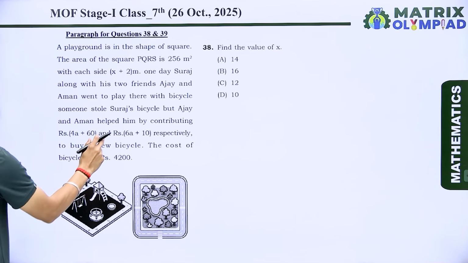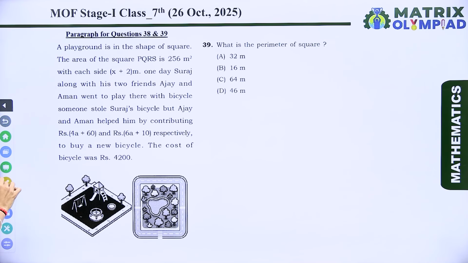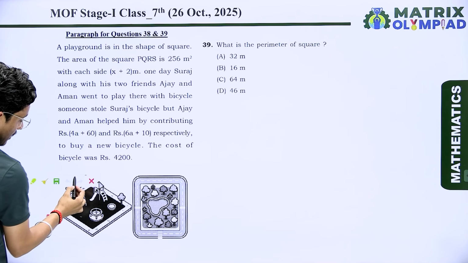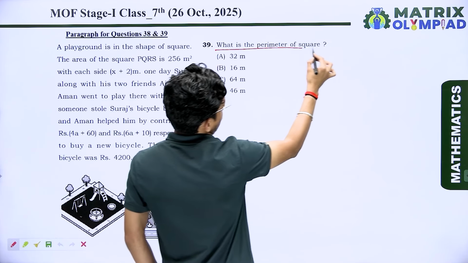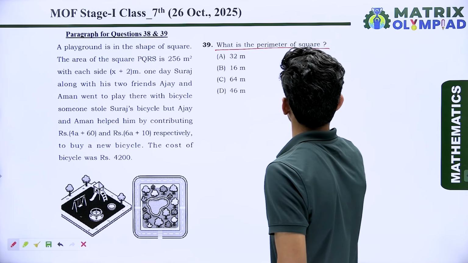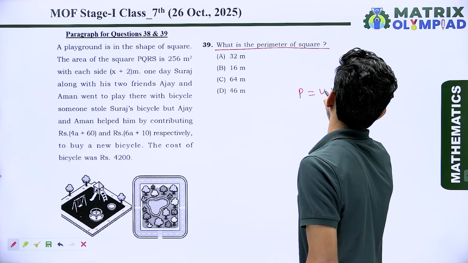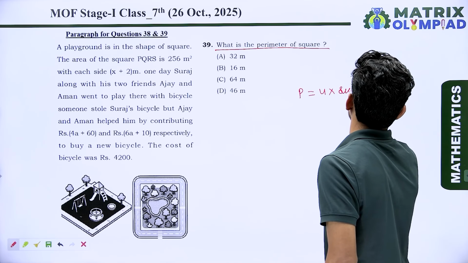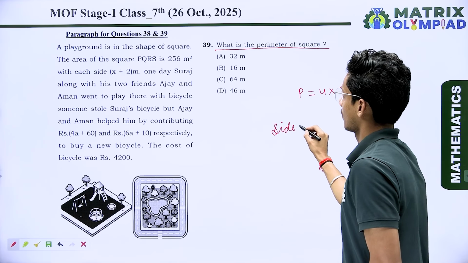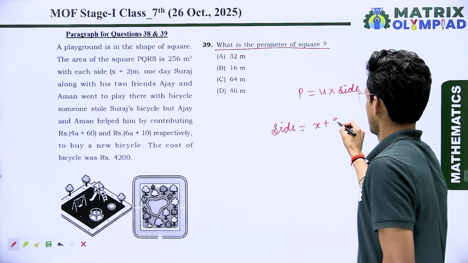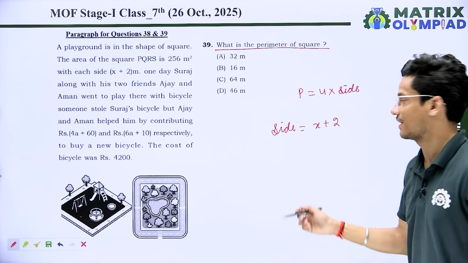Now the next question is again based on the same paragraph, and here we have to find the perimeter of the square. We know the perimeter of a square is 4 multiplied by side, and the side is x plus 2, and in the last question we found the value of x, that is 14.